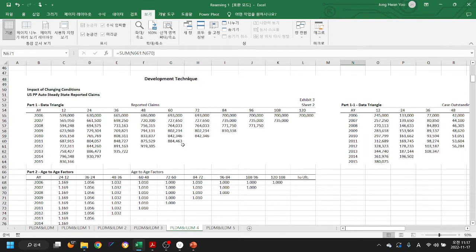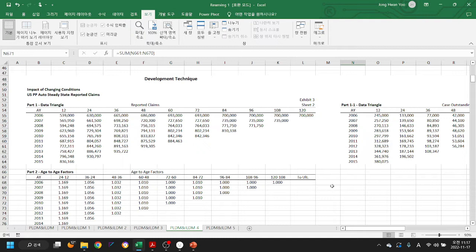But for the real world, if you work with the claim database, the triangles that you're going to create are the incremental paid loss triangle and the case outstanding triangle, right? Out of the database, if you don't do anything special, you're going to have an incremental paid loss triangle and a case outstanding loss triangle.